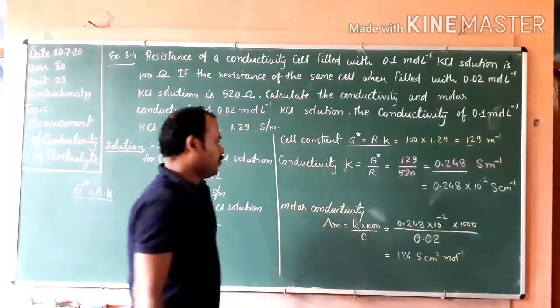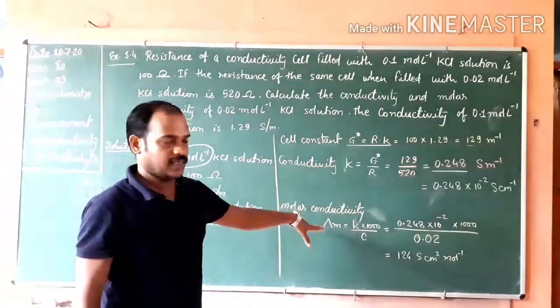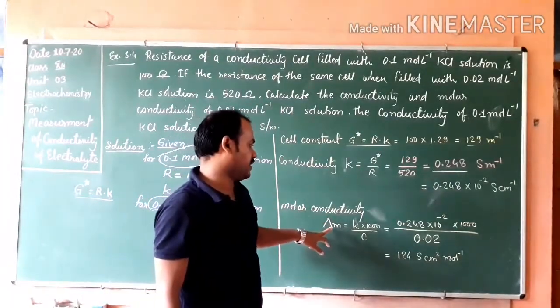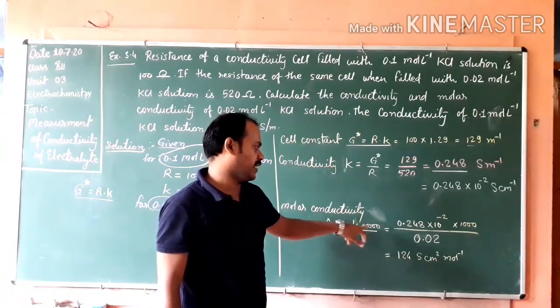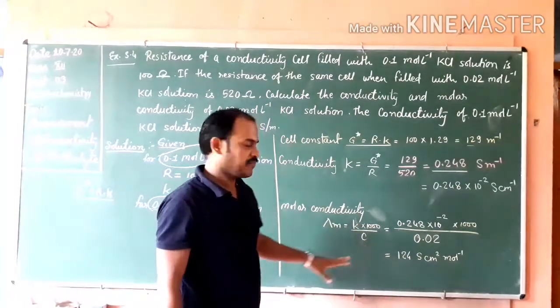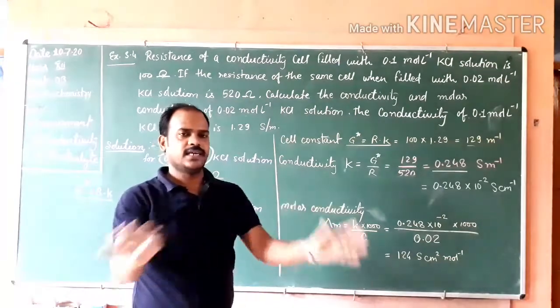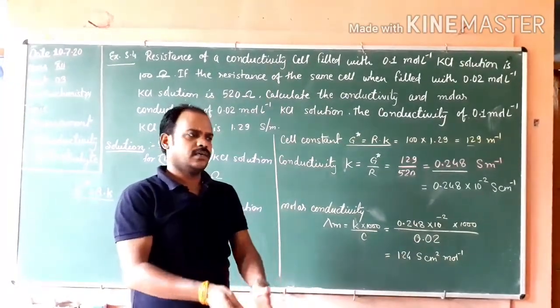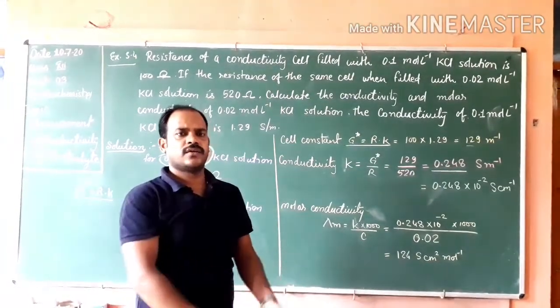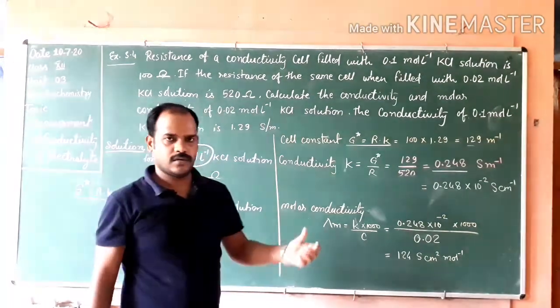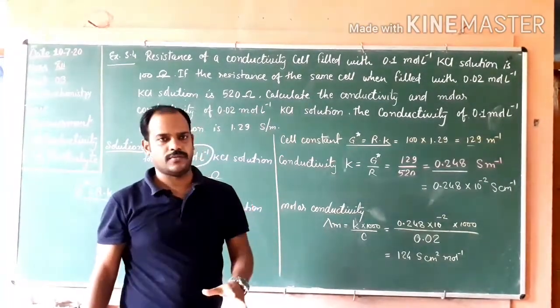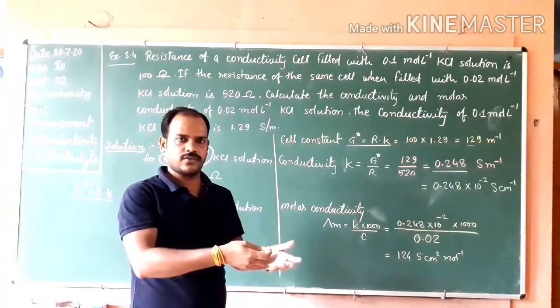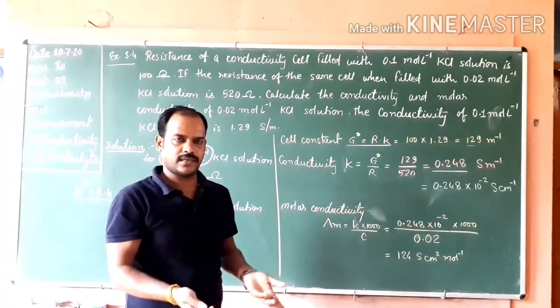Now to calculate molar conductivity, the formula of molar conductivity is lambda m equal to kappa into 1000 by C. See, what is molar conductivity? It is nothing else, just the conductivity of a solution which has 1 mole of electrolyte dissolved. Generally we dissolve electrolyte in solution and the volume is 1 liter.